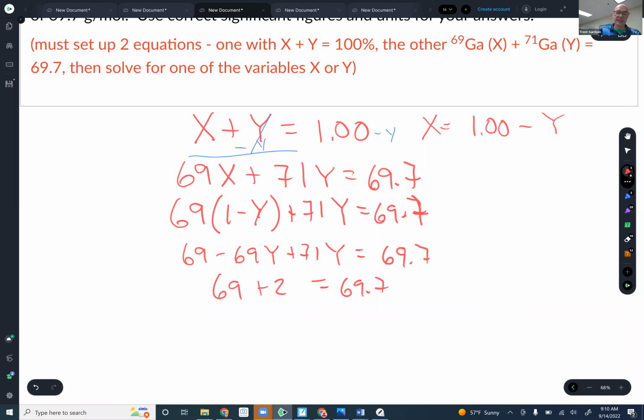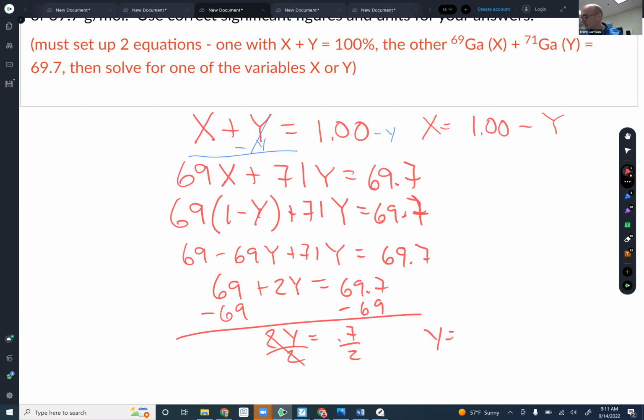I subtract 69 from both sides, which leaves 2y is equal to 0.7. I divide both sides by 2, and y is equal to 0.7 divided by 2, which is 0.35.